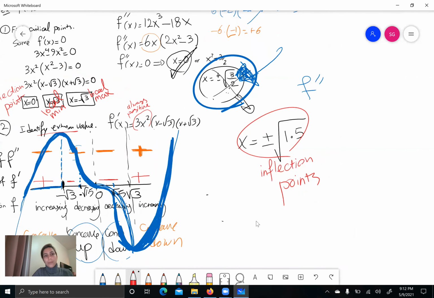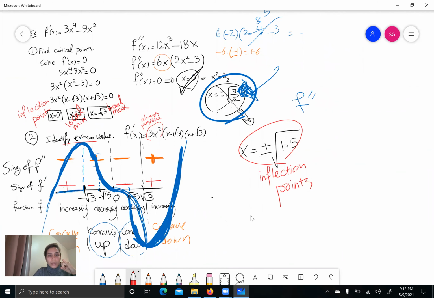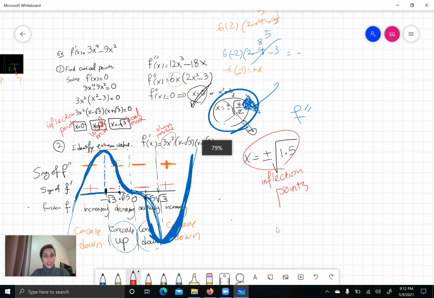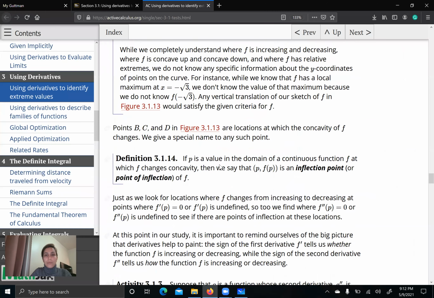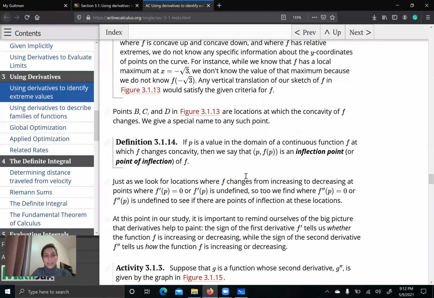How many values do we have? Negative square root of 3, negative square root of 1.5, 0, positive square root of 1.5, positive square root of 3. So there are 5 interesting values in this function, and we determined that one of them is a local max, one of them is a local min, and the others are just inflection points, which means the points where the function changes its concavity.